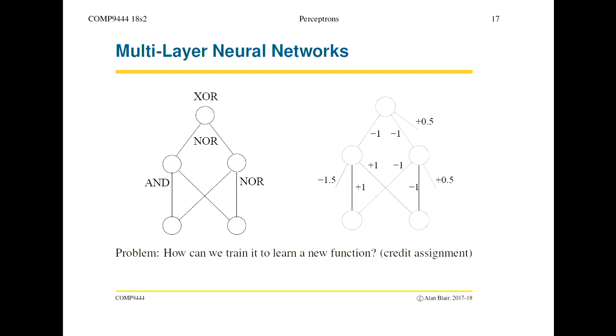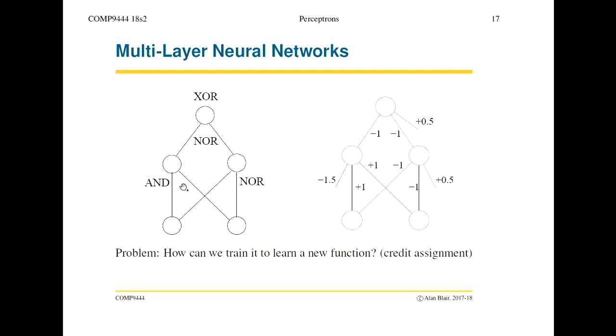Once it's in conjunctive normal form, it breaks it down into little components, and you can make one neuron for each of those components, and then you can combine them all together.